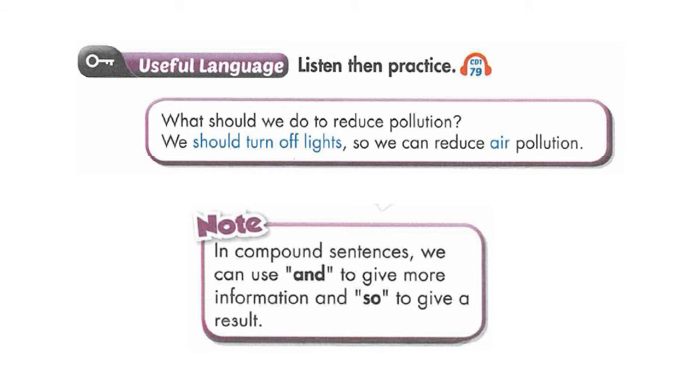So, take note that in compound sentences, we can use and to give more information and so to give a result. For example, I eat banana and watermelon. You give more information about what you eat. You don't eat just banana, but you also eat watermelon.